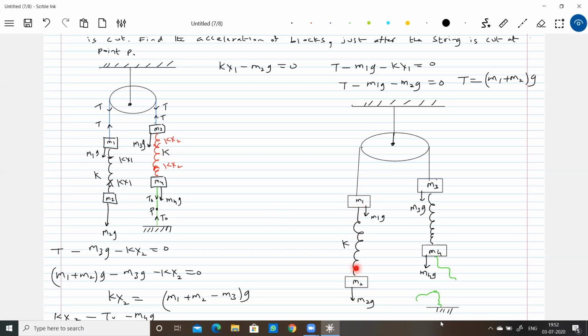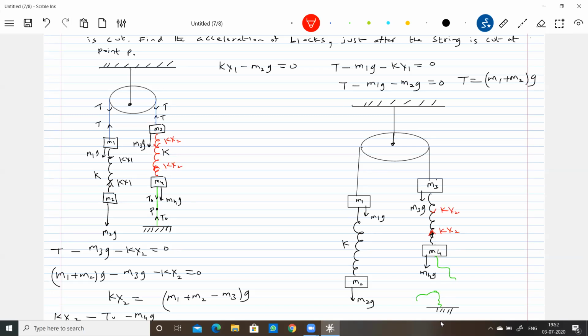Got this idea? But sir, this tension can change. Why you're not thinking in that way? Okay, let's do one thing. If I cut this string, what will happen to first this spring force here? This will be as it is, no change in that, Kx2. So the spring force will not change, means look at the block M3.